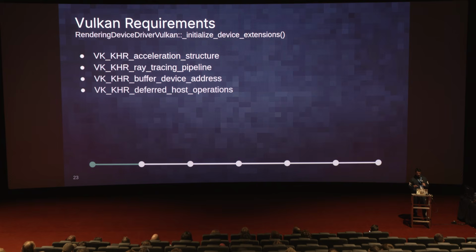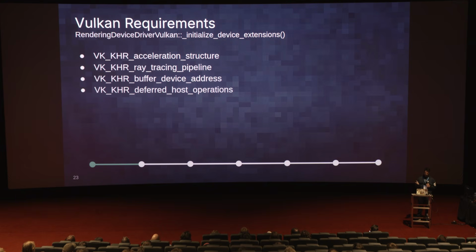In Vulkan, the ray tracing API is an extension. That means that it's not enabled by default. So I need to query the GPU. It's basically asking, do you support acceleration structure? Do you support ray tracing pipeline? Do you have all the requirements I need for my API?